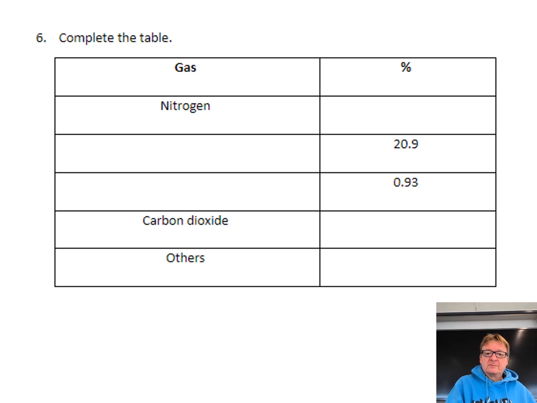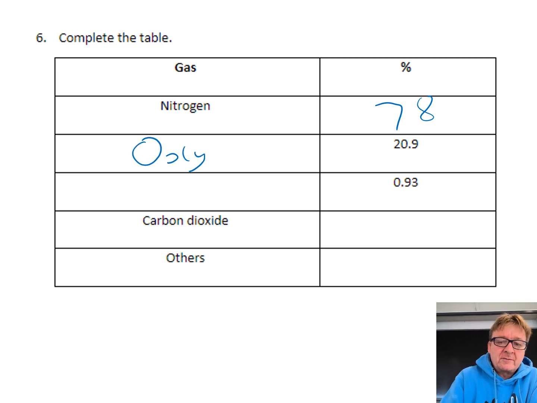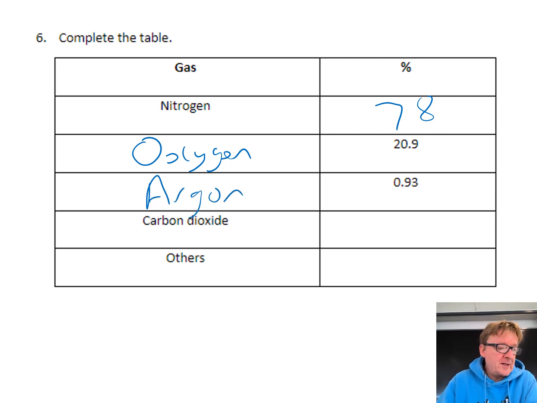Complete the table. So these are the gases in the atmosphere. Nitrogen, 78%. Now these numbers vary slightly. Oxygen is 20.9%, sometimes written as 21%. Argon is 0.93%.